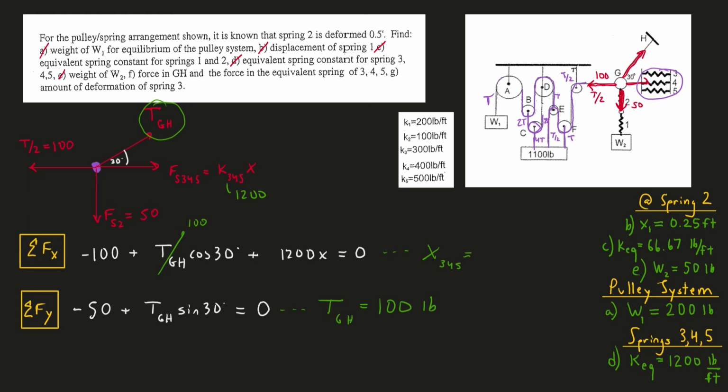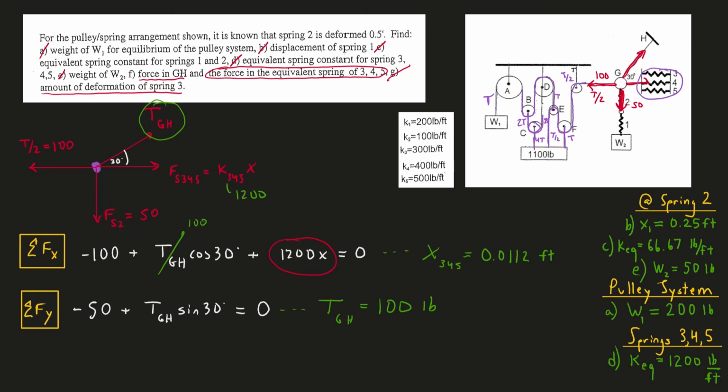And we'll get 0.0112 feet. So we've got our force in GH, we've got our amount of deformation in spring 3, so that's G. We still need the force in the equivalent spring. Well, the force in the equivalent spring is really this quantity right here.